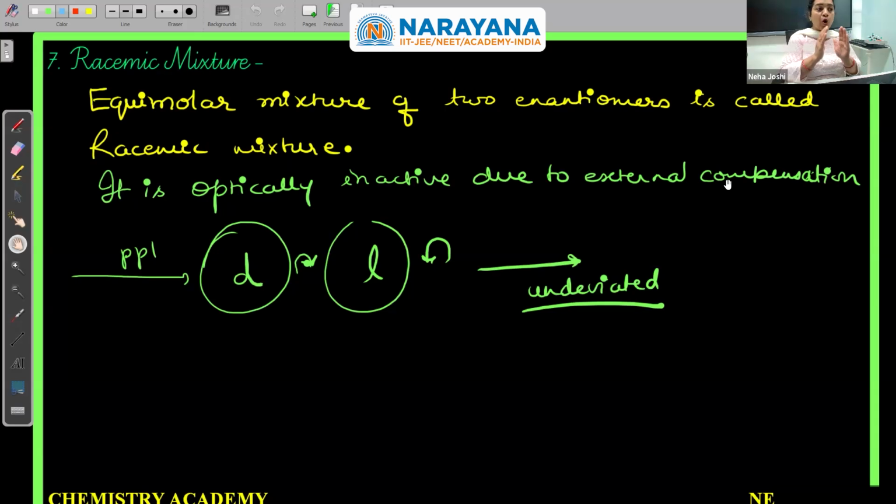So the effect on plane polarized light from one molecule is compensated by another molecule. So it is called external compensation. If we talk of mesomers in the next slide, then it is internal compensation.